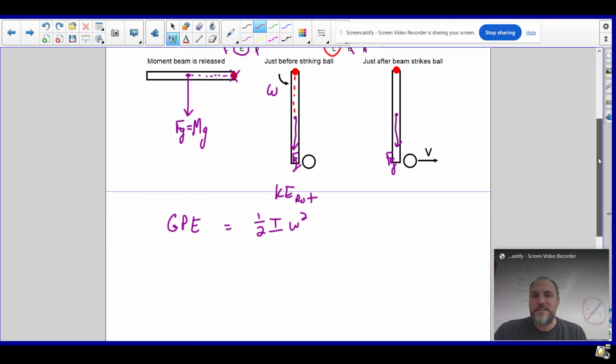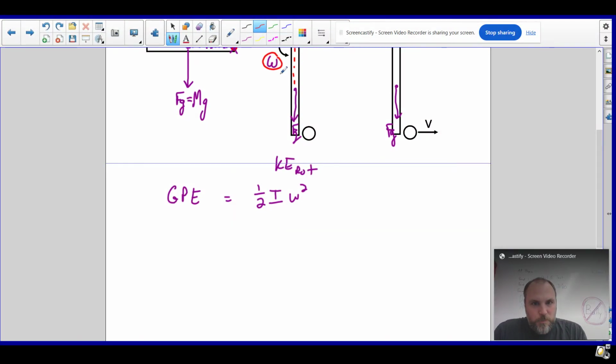So let's determine the angular speed of the beam just before colliding by using conservation of energy. Initially, the beam has only gravitational potential energy, so I would call that mgh. And that's going to be equal to the rotational kinetic energy the beam has in its vertical orientation just before striking the ball.